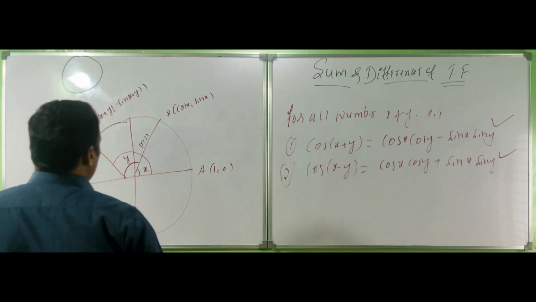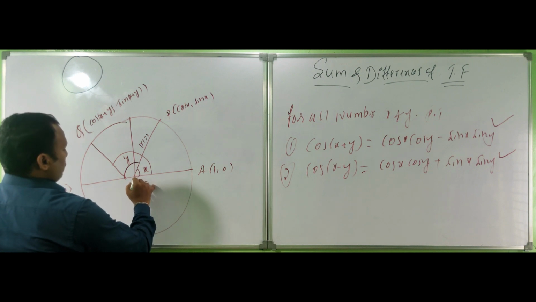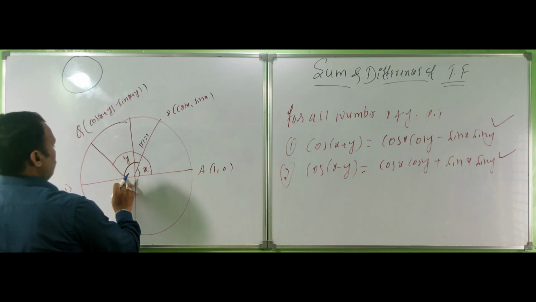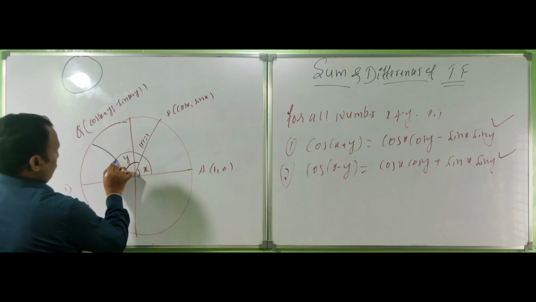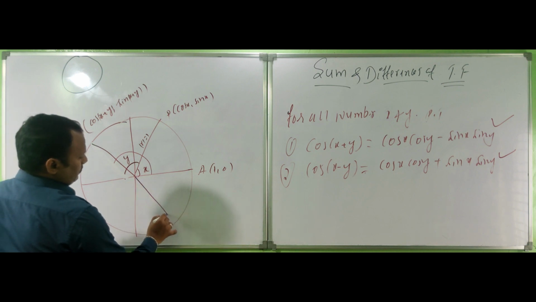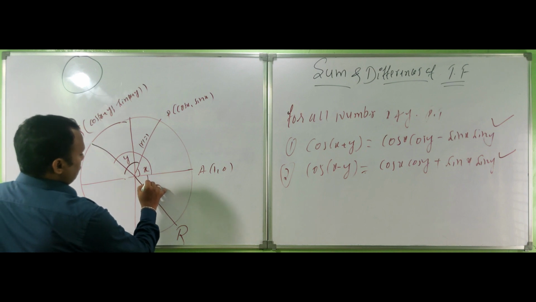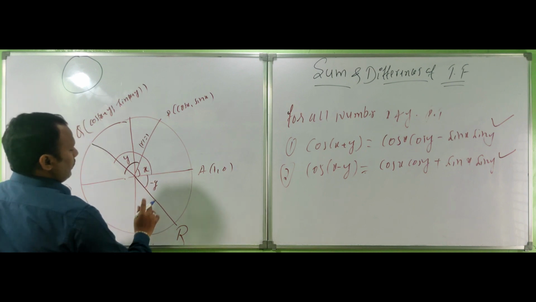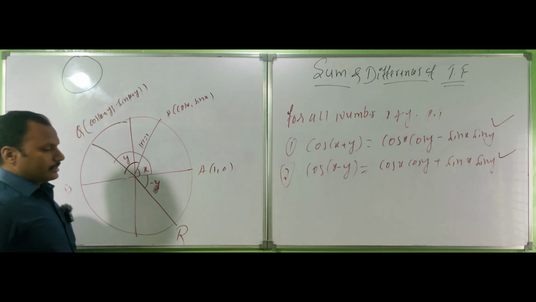Again, here the same angle. I am taking this angle here also. This becomes R. This is the angle minus y, because it is running in the anti-clockwise direction.